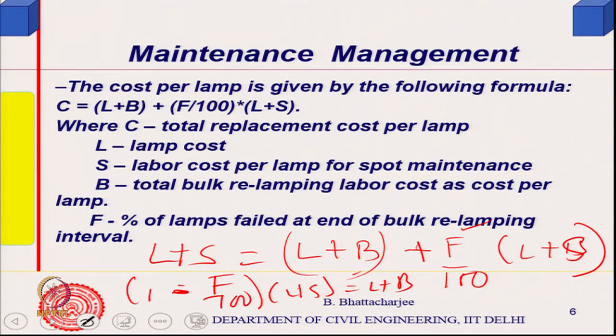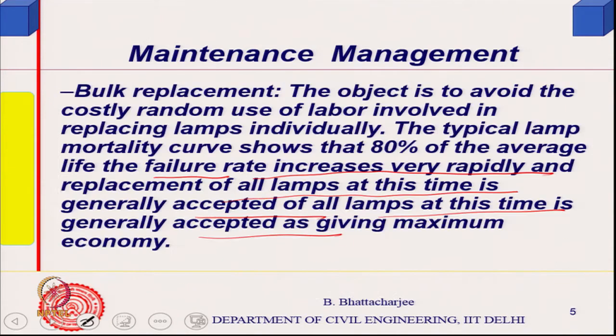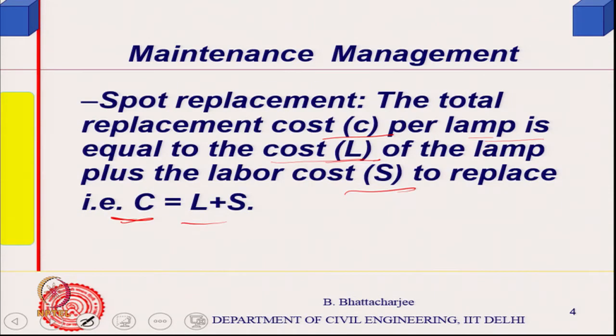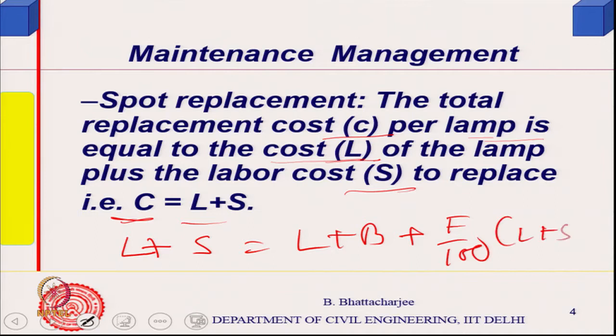So, I will write it like this: L plus S is equal to L plus B plus f by 100 into L plus S, because that is the cost of bulk replacement, and when it is the same, or this is less, I can take a decision.